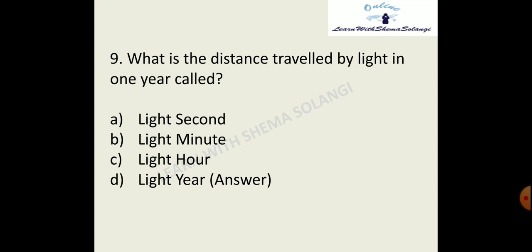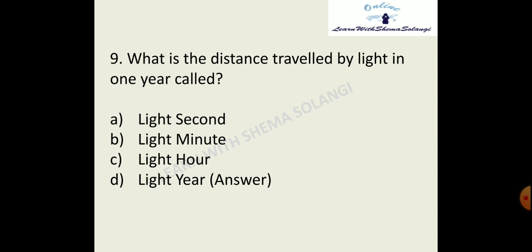The next question is, what is the distance traveled by light in one year? It is a very common question. The correct option is light year. Light second, light minute, light hour are wrong options.